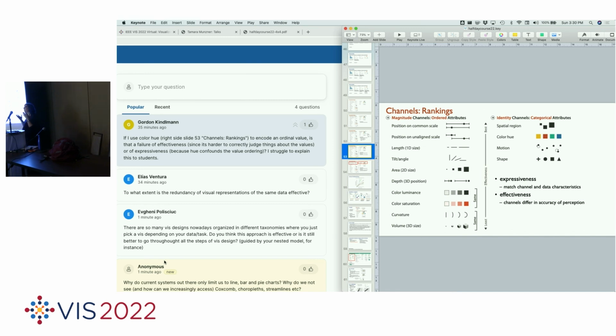So I think the more well understood the section of the design space is, the more you could use a more straightforward chart taxonomy approach. The more that what you're trying to do is outside what's known, especially if people have quite complex tasks and complex data, then you're going to need to follow these design principles more.